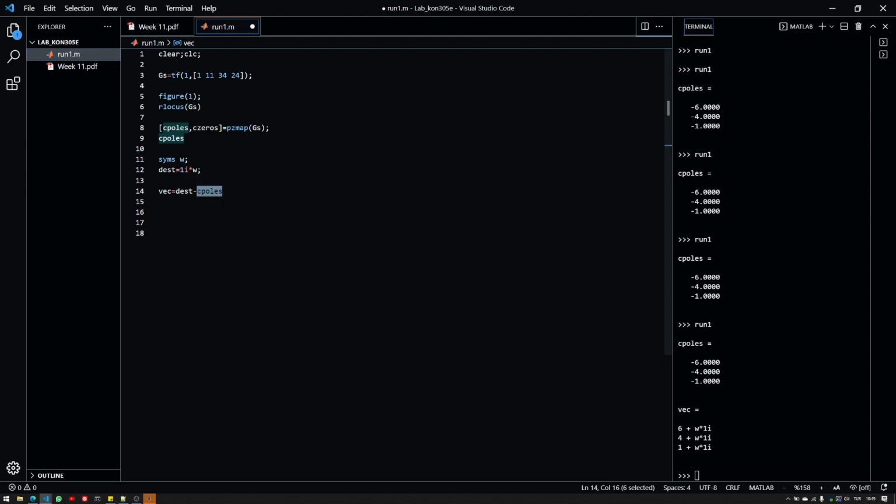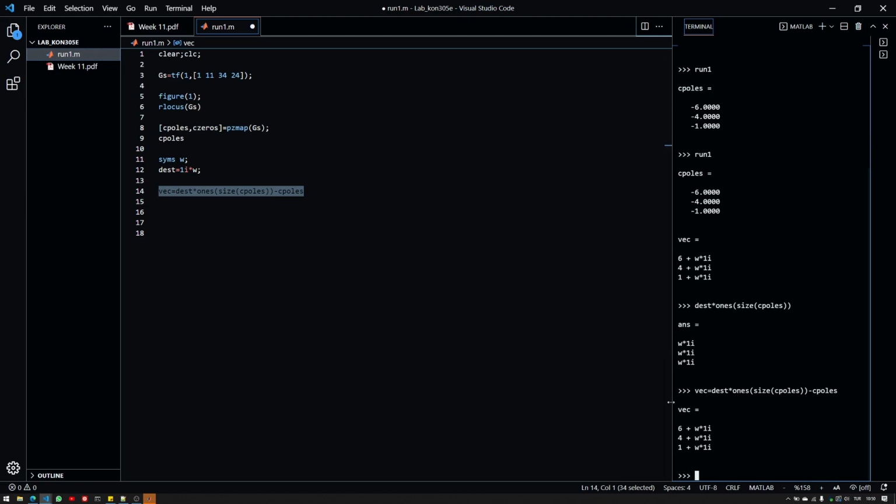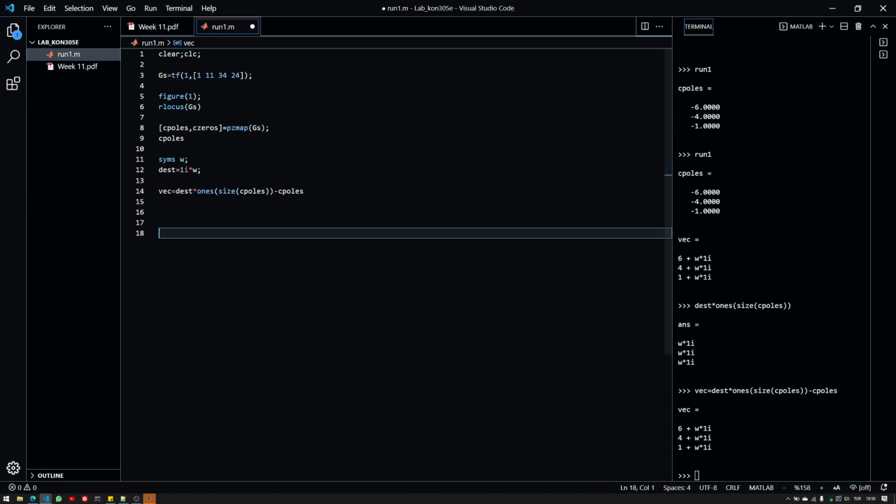So MATLAB tries to understand what you're trying to do. So usually I need something like this, ones, and then the size of poles, which would then give me this, for example.